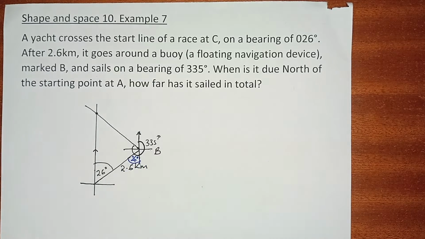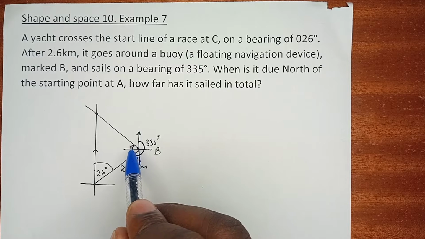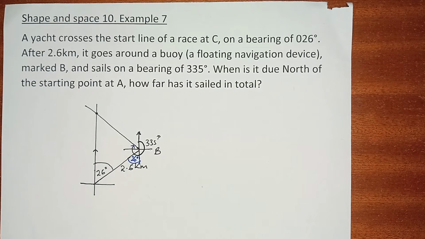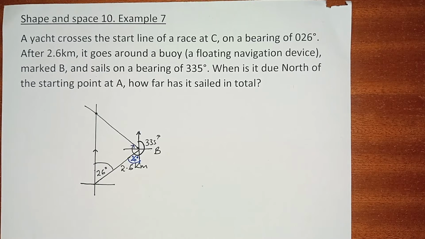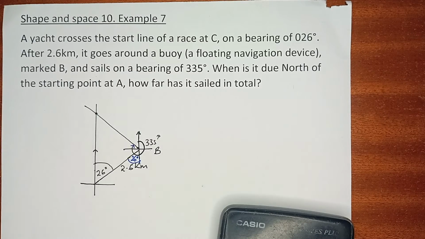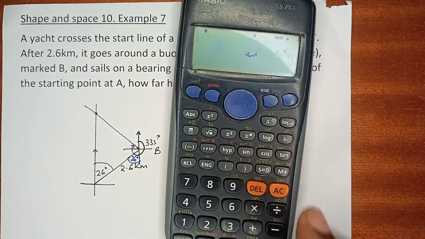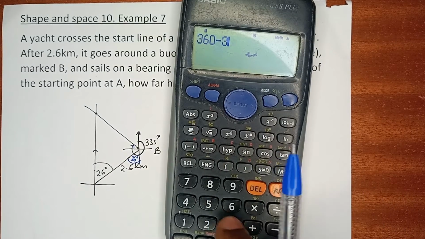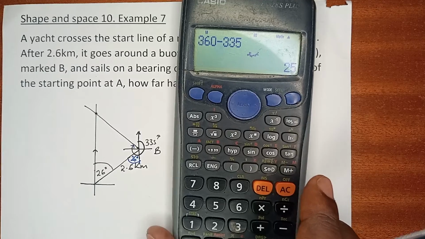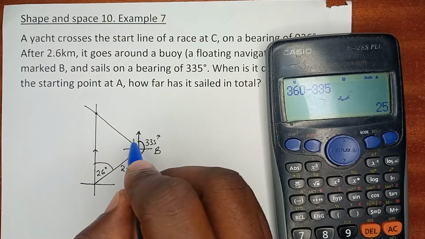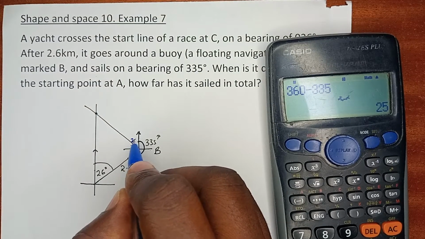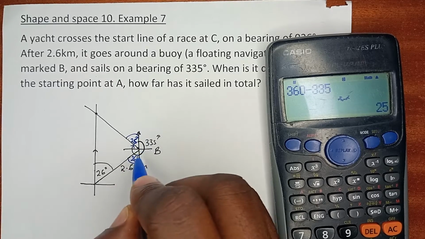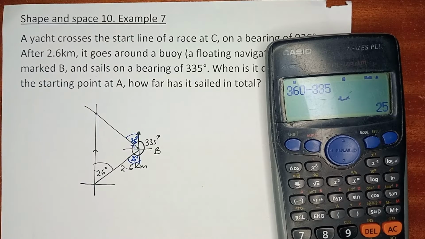And this angle being 335, we need to know how many degrees remain to get to 360. So 360 minus 335 is 25 degrees. So this small angle is 25 degrees.